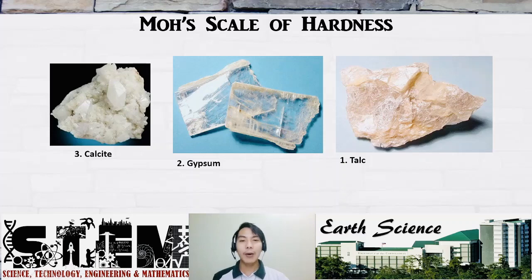Talc is known to be the softest mineral in terms of the Mohs hardness scale because you can easily scrape that using your fingernail. Followed by gypsum, you can still scrape this with your fingernail, but it will be more difficult. Still, you can scratch it using your fingernail, so it's on level 2 on the Mohs hardness scale.